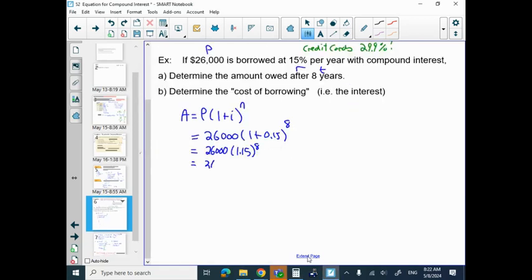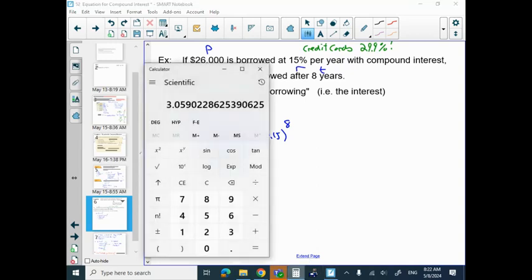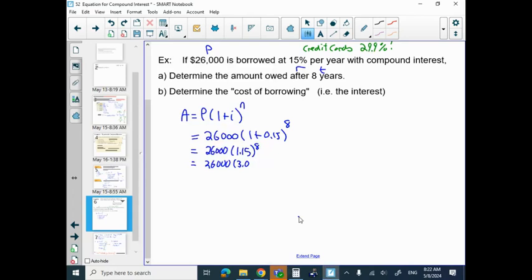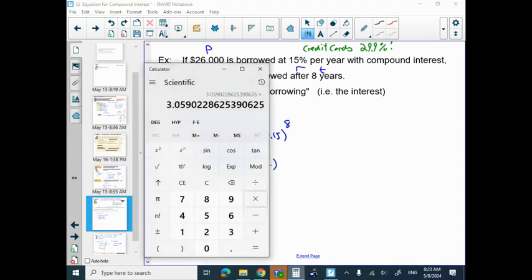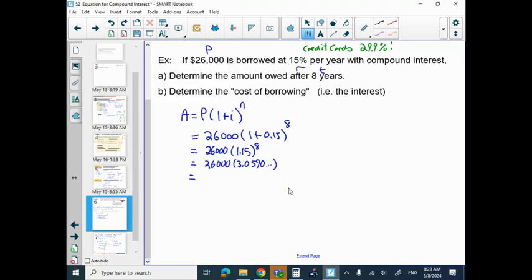30590. I always like to indicate that I'm keeping more decimals than that. So then we just multiply by 26,000. So rather than keeping lots of decimals, that is the wrong number. One of these I think just fixes one step, and another one gets rid of everything.